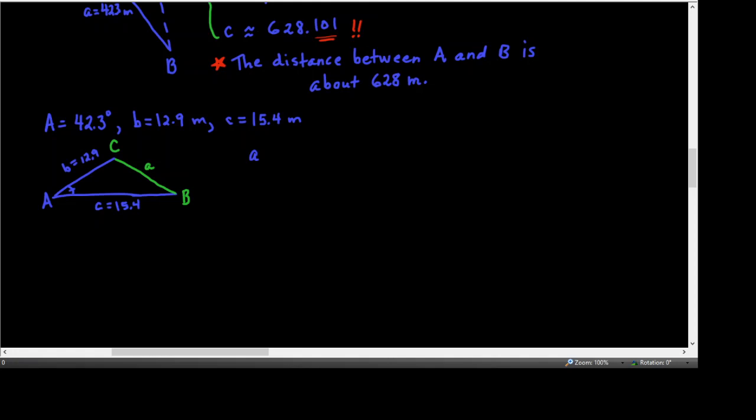The side we're solving for, a squared by itself, is equal to one of the sides that's given, squared, plus the other given side, squared, minus 2 times the product of the two given sides, times the cosine of the given angle, 42.3 degrees.